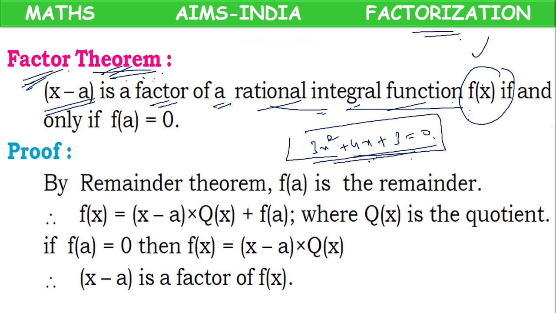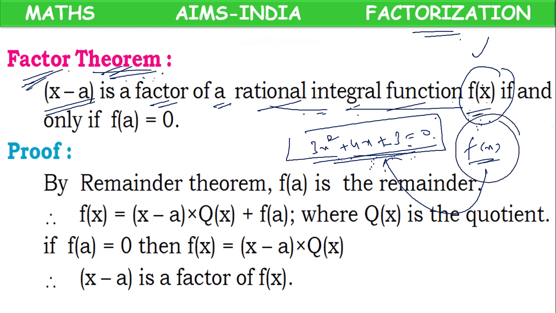Instead of writing the equation in full, they have taken a symbol f of x for that. And this equation is defined in rational numbers and integers, so they have named it a rational integral function.